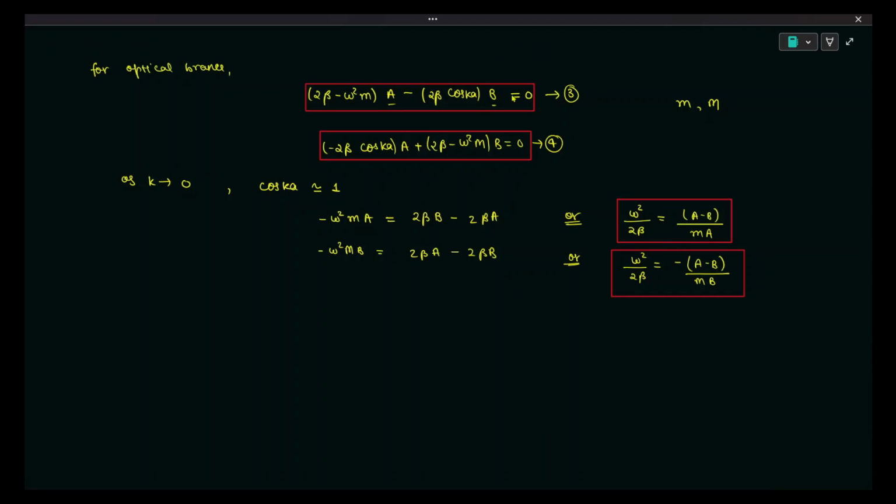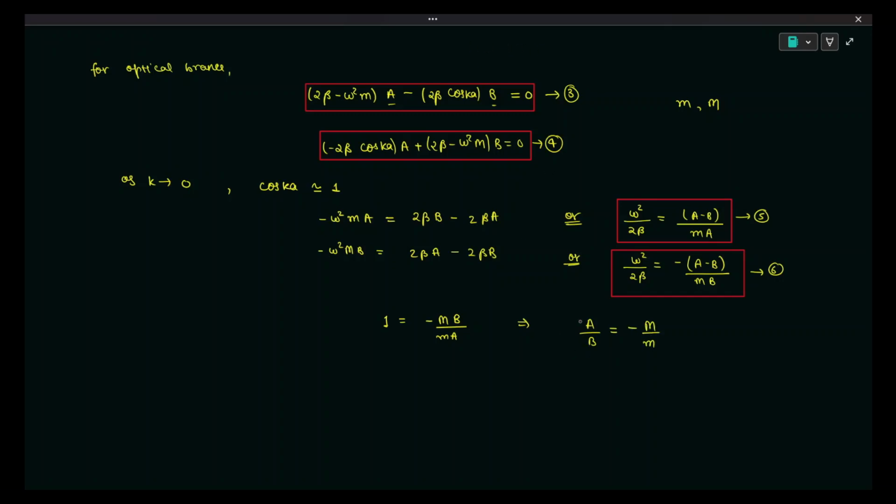Now what we can do here is divide equation 5 by 6. So what we'll get is 1 equal to minus capital M b divided by small m a, or I can write capital A divided by capital B equal to minus capital M divided by small m.